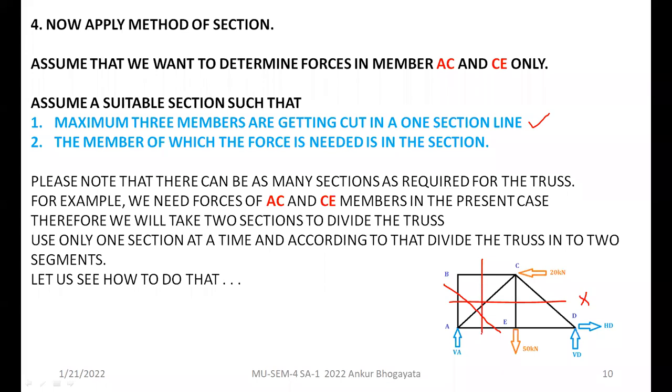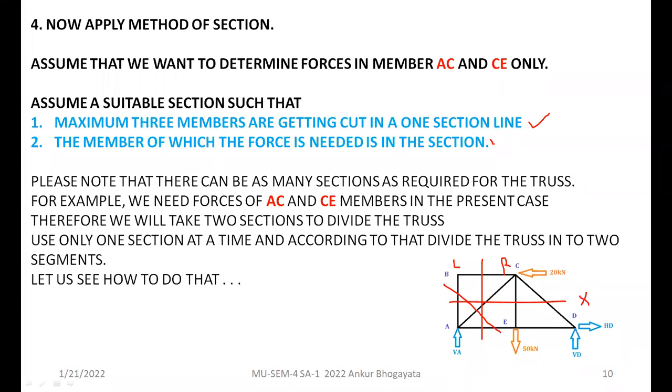Another option is straightforward, and this is what I have selected for this analysis. You can use this vertical cut that will separate the truss into a left hand side and a right hand side. You can see that it is only cutting 3 members: member BC, member AC, and member AE.